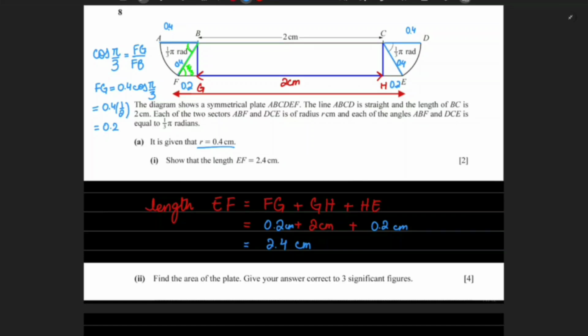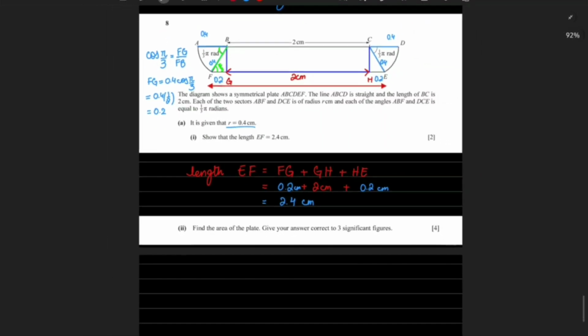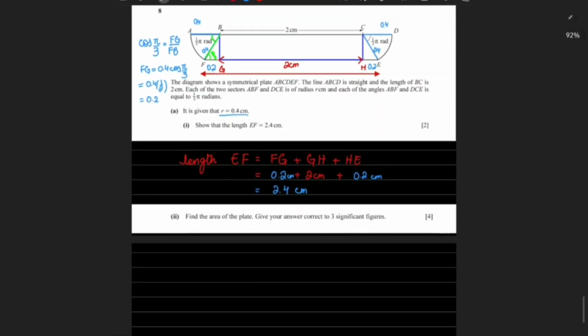The area of the plate, as you can see, is equal to the area of some components: the area of this sector, plus the area of this triangle, plus the area of this rectangle, plus this triangle, plus this sector. So we have multiple things. First let's write down the area in the whole expression form.